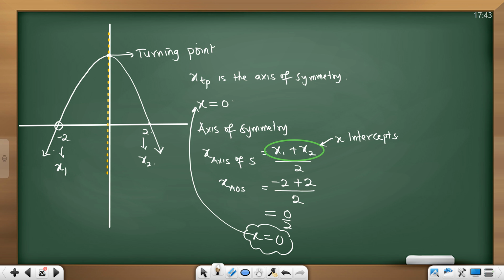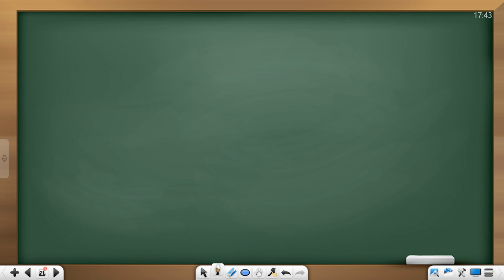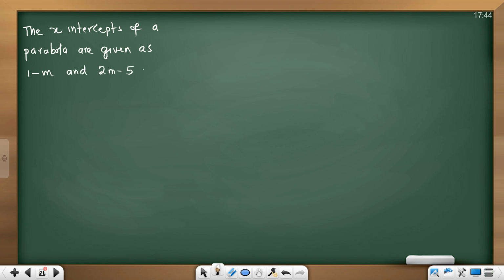There's a lovely concept I want you to learn from here. Please, functions is very, very important in maths. The x-intercepts of a parabola are given as 1 minus m and 2m minus 5 respectively.